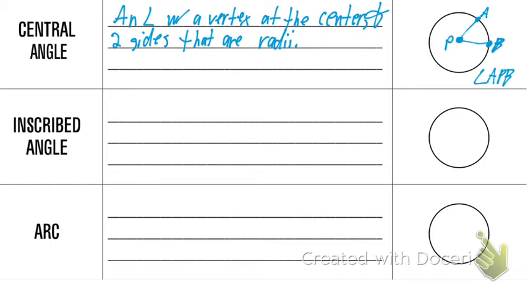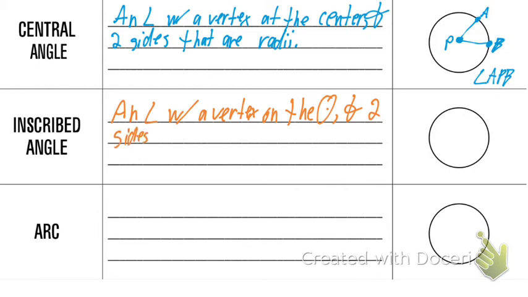Inscribed angles. So an inscribed angle is an angle with a vertex on the circle and two sides that are chords. It kind of ends up being like a central angle that got moved back.